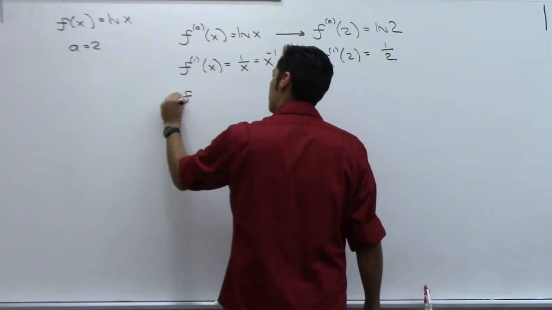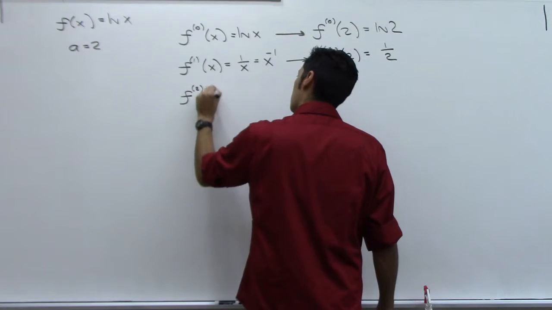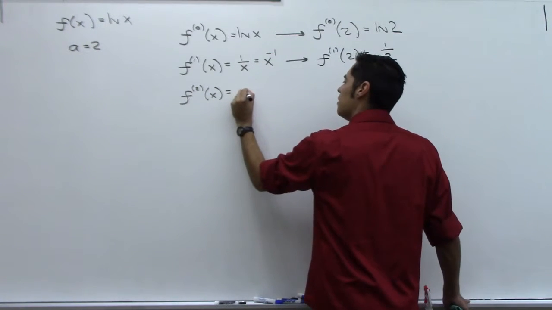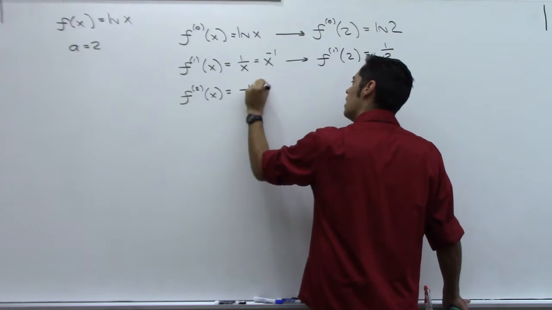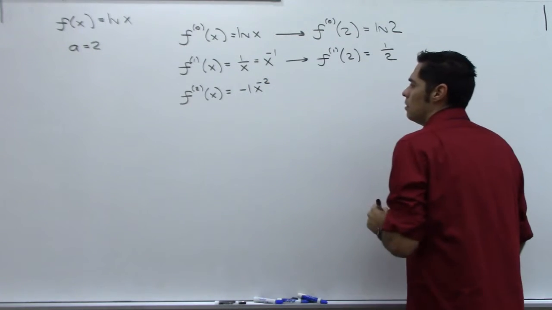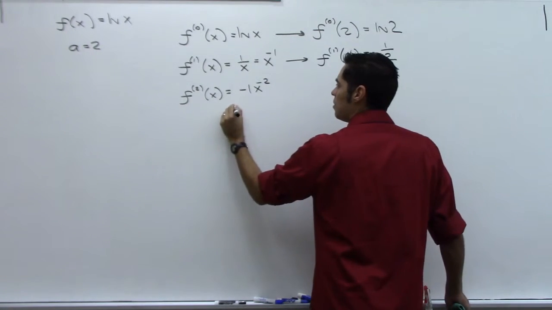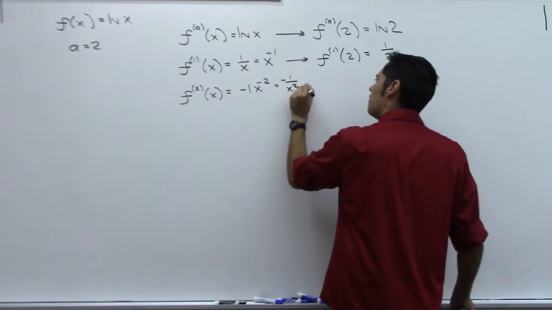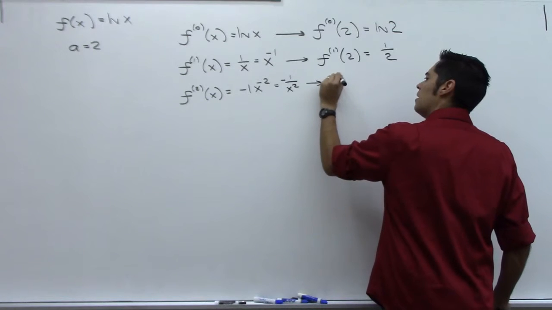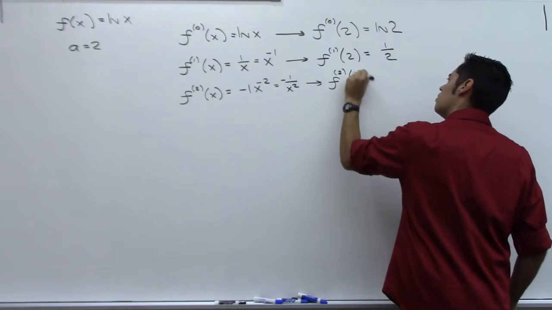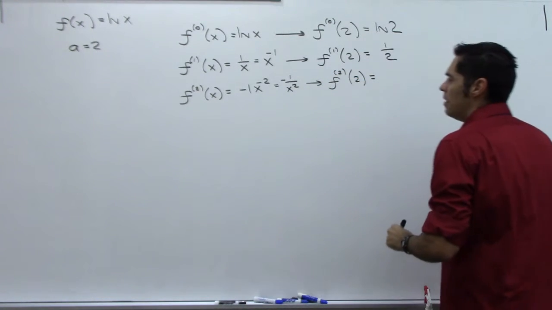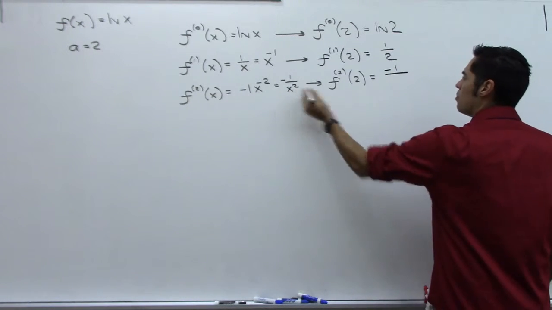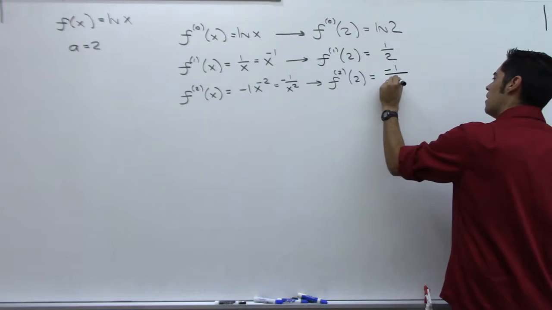The negative 1 comes out, so I get negative 1 x to the negative 2, which remember, that's just negative 1 over x squared. So when I take the second derivative and plug in 2, I have negative 1 over 2 squared. So I'm going to write that as 4.